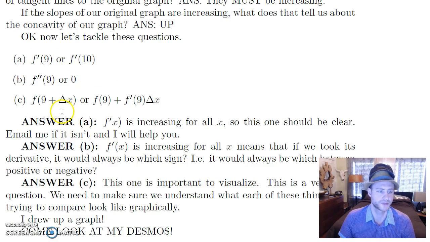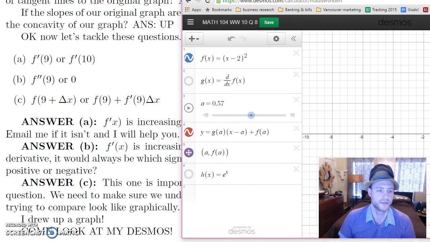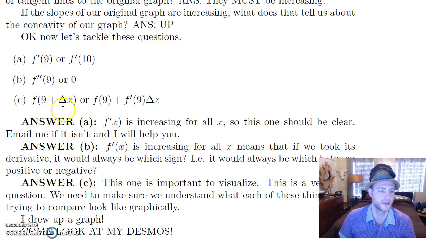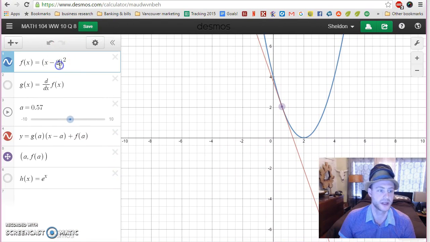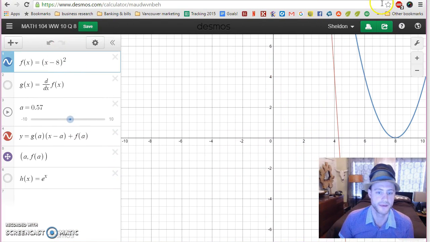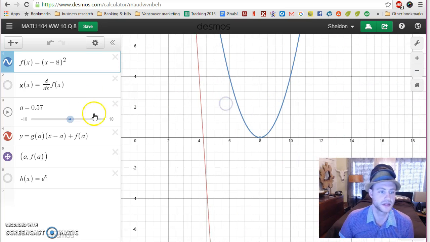Okay, so where's my graph? I don't know how to overlay these at the same time, so keep in your brain this first one: f at 9 plus some small change in x. I'm going to change this function here to this one, just so it's a little easier to see.